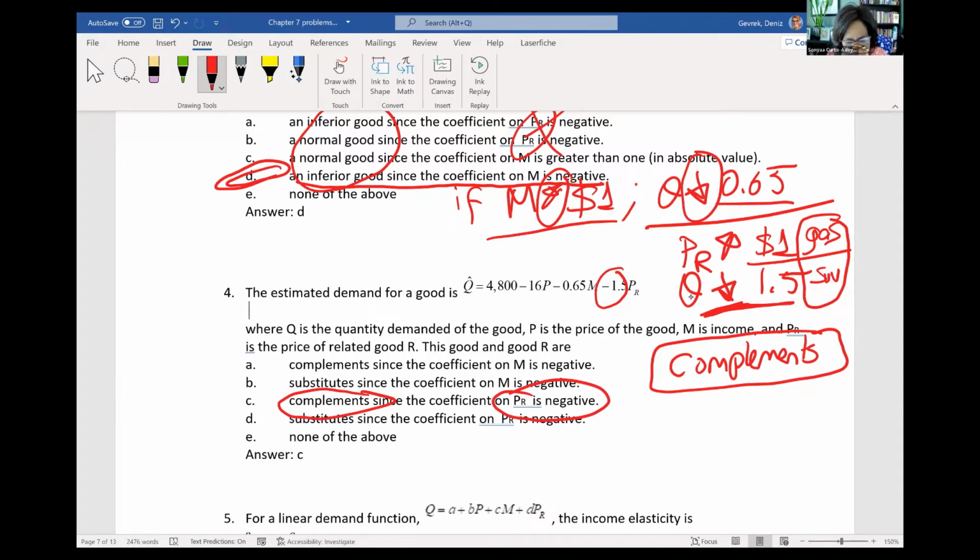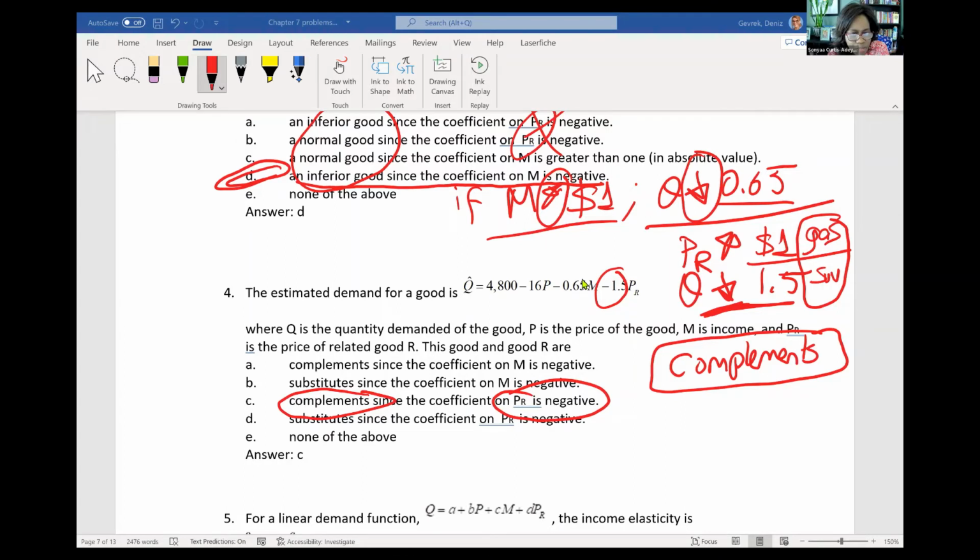So when you're dealing with complements and substitutes, you're looking at the price of related goods. So for A, complement, since the coefficient on M is negative, it doesn't have anything to do with M, so that's not right.